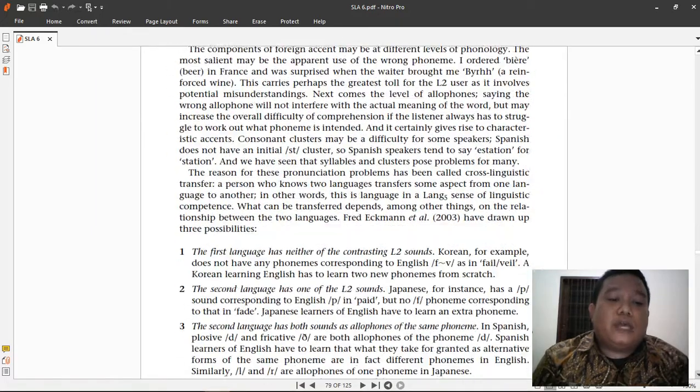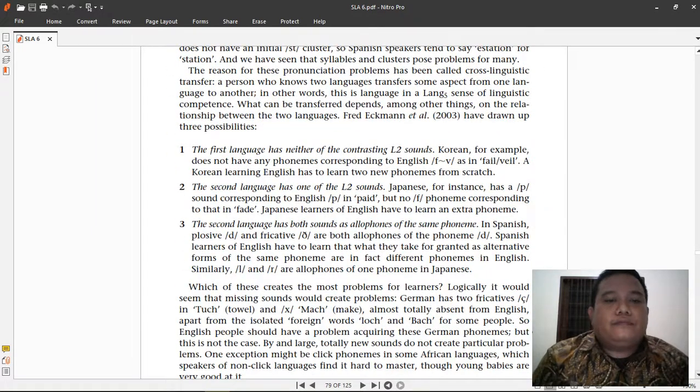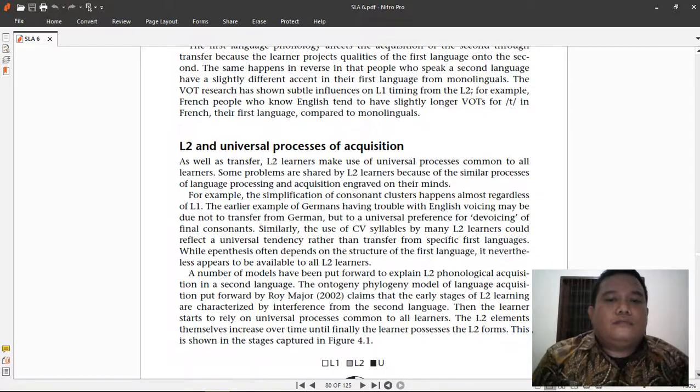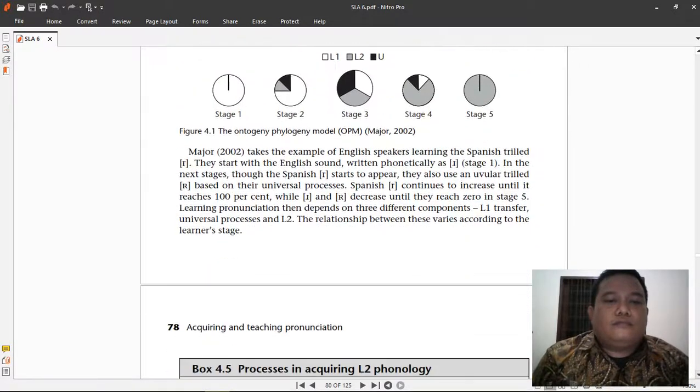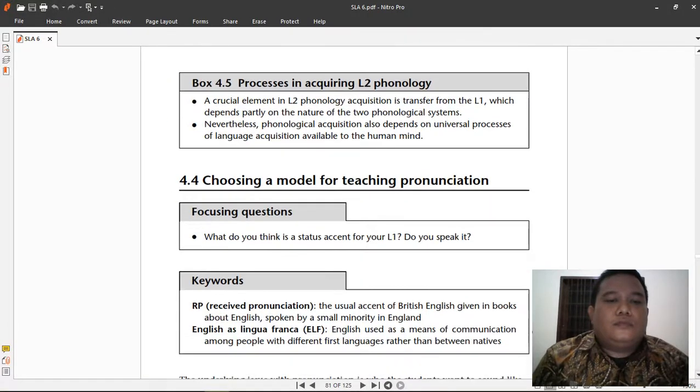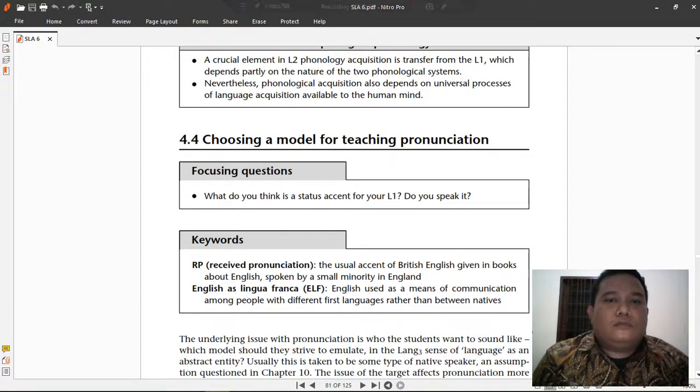L1 and transfer again. Okay, so this one is important for you. Choosing a model for teaching pronunciation.